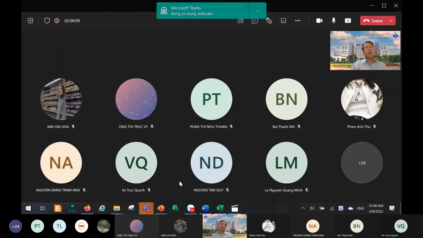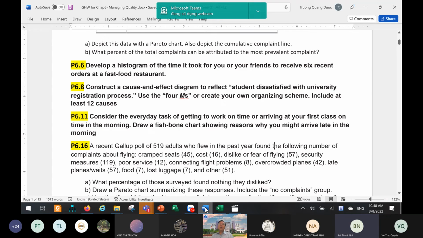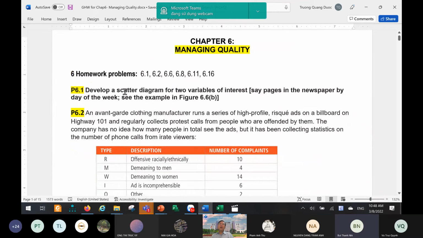Okay, so we stop here. Any questions so far, students? Teacher, but 6.1 they did not ask us for the explanation. Okay, but now, so what do you do with this one? Develop scatter diagram.